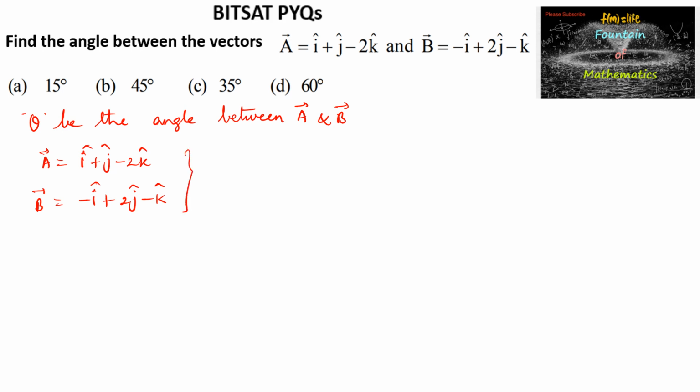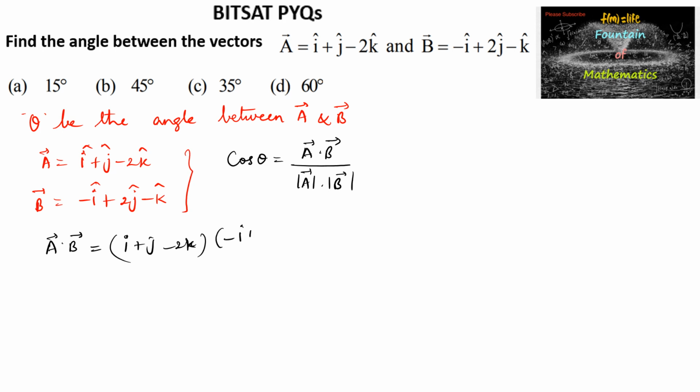Then we can write cos theta is equal to A dot B divided by mod A into mod B. So let us find A dot B, which is equal to i plus j minus 2k dot product with minus i plus 2j minus k.